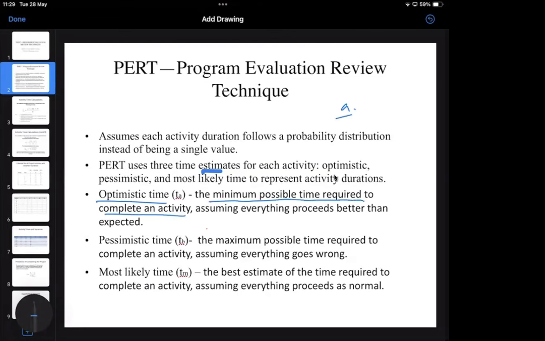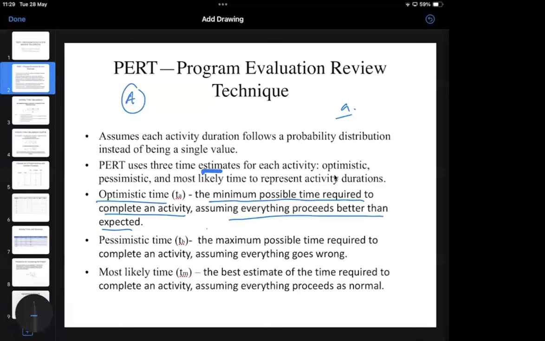If we take an activity, for example A, what will be the minimum possible time required to complete this activity? It is called optimistic time. We assume everything proceeds better than expected, right? For example, say the weather is good, no strikes, right? Currency rates are good, macroeconomic conditions are good, right?